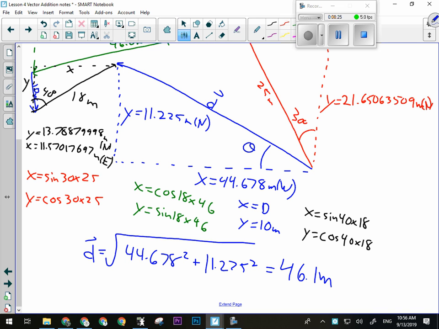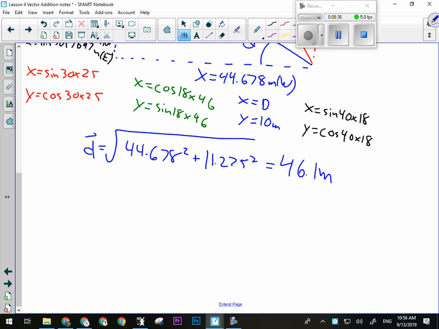Now I've got to find this angle, which just involves me taking the two sides that I know are right and putting them into an inverse tan calculation. So to get that theta, I'm going to go theta equals inverse tan of the opposite side, which is the 11.225 divided by the 44.678.